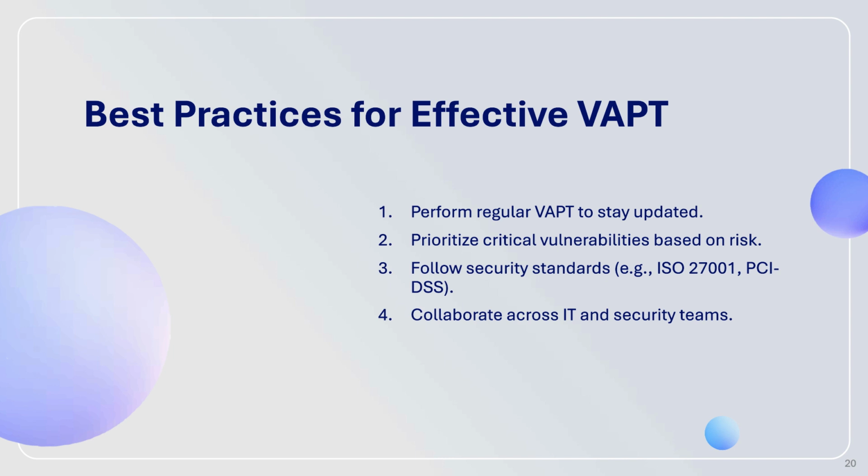Adhering to standards like ISO 27001 or PCI DSS ensures consistency and quality. Collaborate across teams. Security is a team effort. Ensure IT and security teams work together to address vulnerabilities. By following these practices, organizations can significantly improve their security posture.